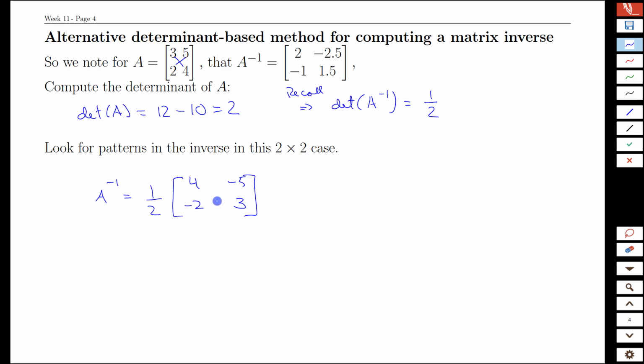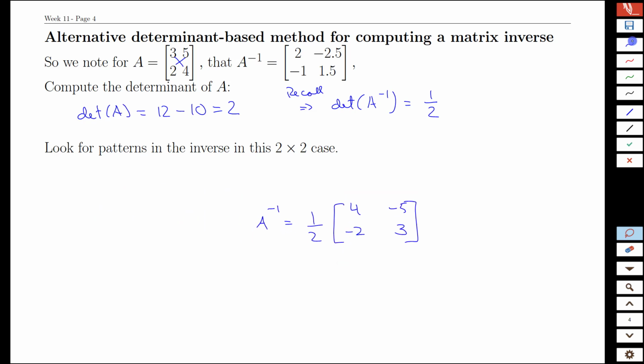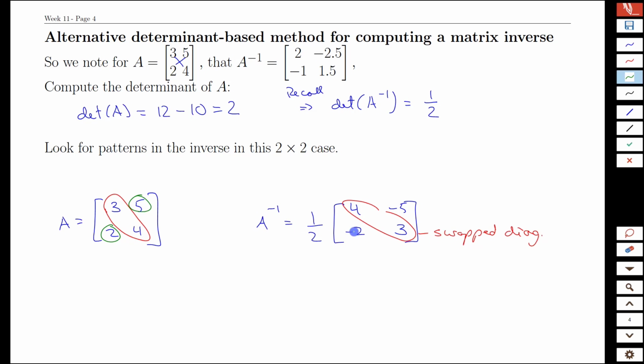Rearranged a little bit, but these are the same numbers. In fact, what we're going to do here is just move this over for a second. Write our A matrix beside it as 3, 5, 2, 4. And what it looks like is that we exchanged or swapped the diagonal elements, and the off-diagonal elements, the 2 and the 5, became negative. We flipped their sign.